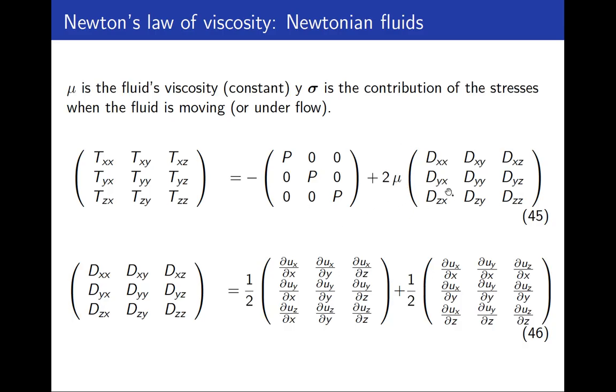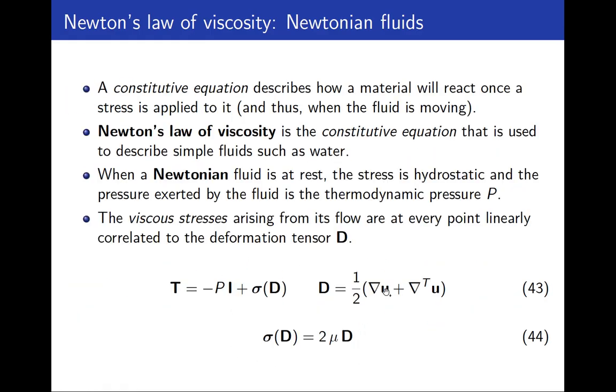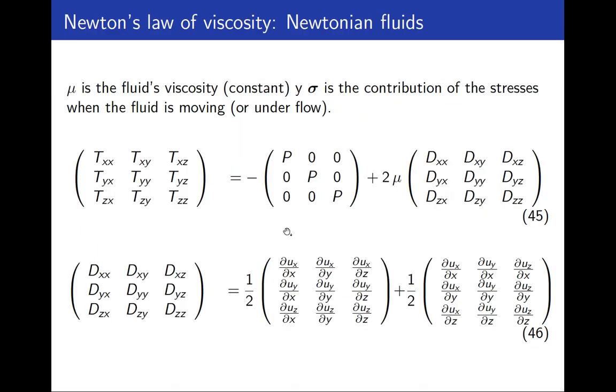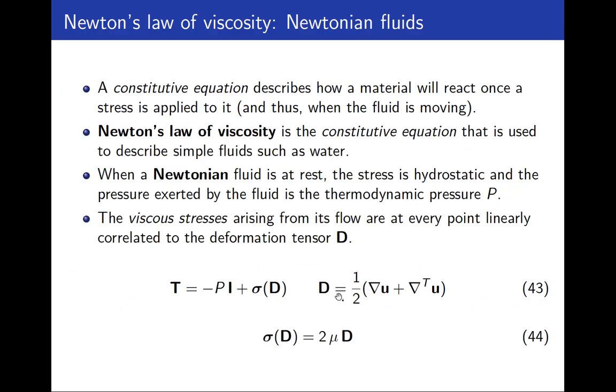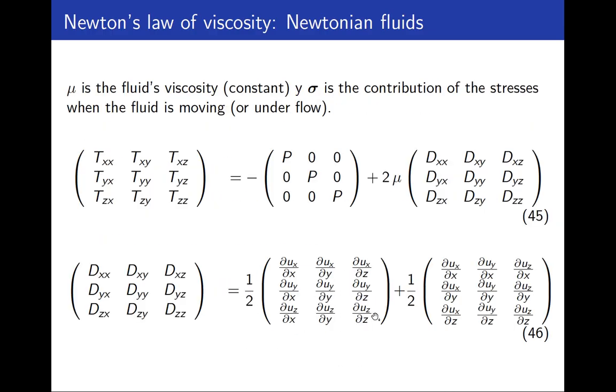So we have the viscosity, and then we have 9 elements which have to be estimated as this. If we know the velocity field of a fluid, we can obtain the velocity gradient, and once we have the velocity gradient, we can estimate this deformation tensor, which is going to take this form. So this is the velocity gradient, which calculates the spatial variations of each of the components of the velocity field.